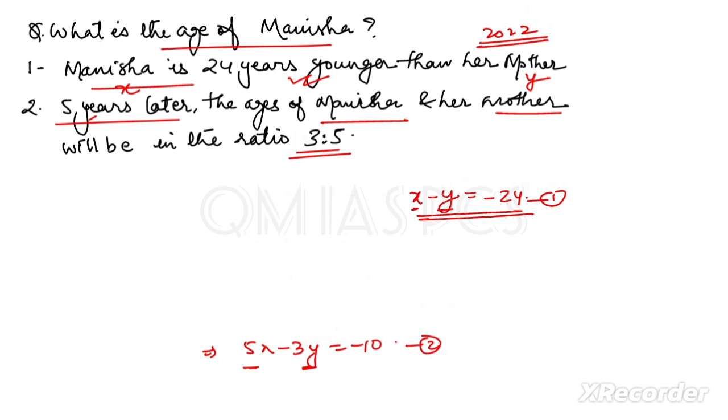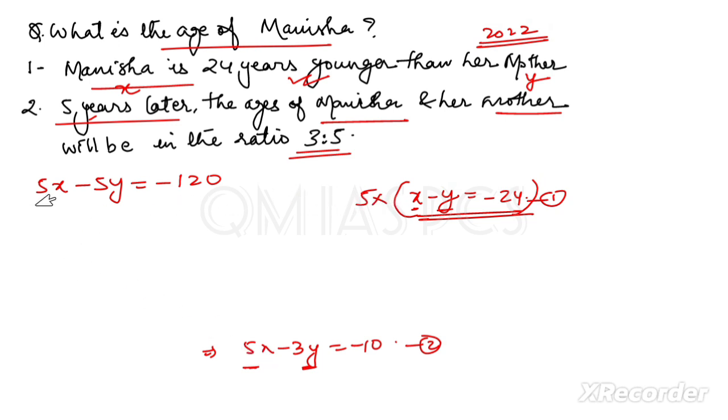What you have to do is multiply. Let's say we are going to eliminate x. So we can multiply this complete equation by 5. So it will be 5x minus 5y is equal to minus how much? 24 multiplied by 5 is 120, so minus 120.